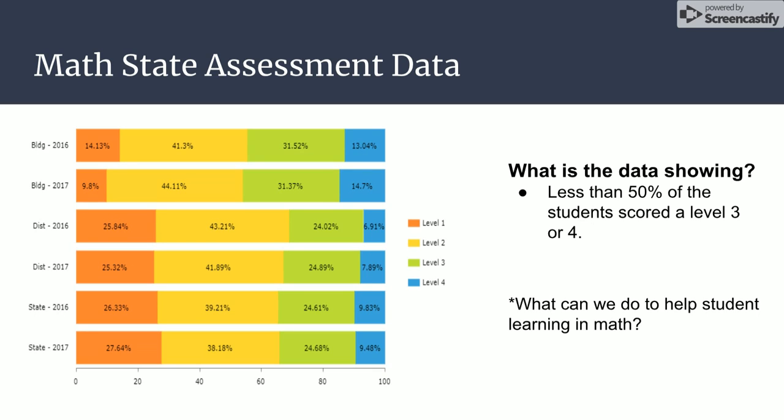Now remember, level 3 indicates effective ability, and level 4 indicates excellent ability. We need to think about what we can do to help students learning in math, since less than 50% of our students are obtaining the goal of getting a level 3 or level 4.